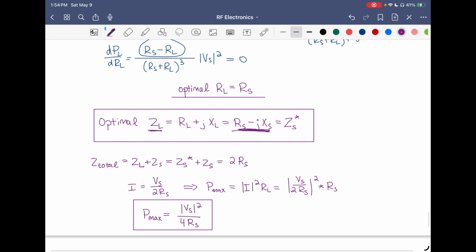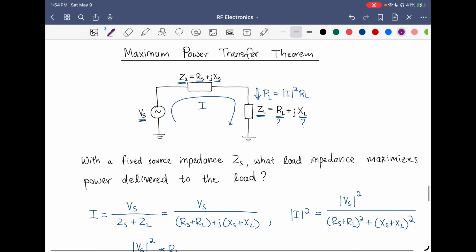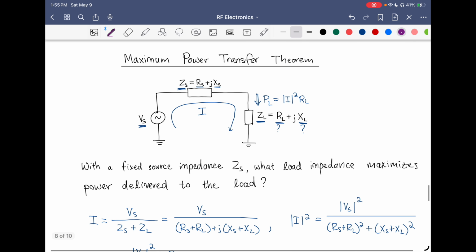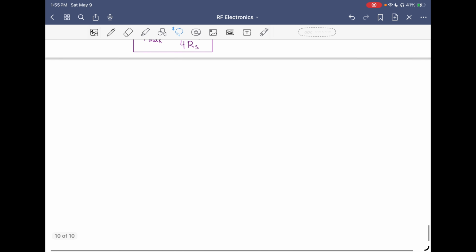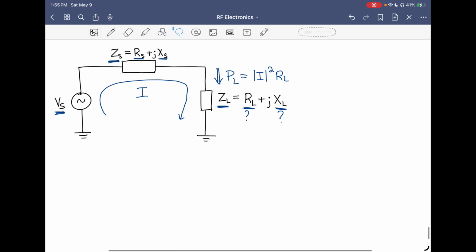Now, one thing to keep in mind is that in this model, we had a fixed source impedance. So in this problem, we had assumed to begin with that we have a fixed value for Rs and Xs. But what if we consider the problem where instead of a fixed source impedance, we have a fixed load impedance?